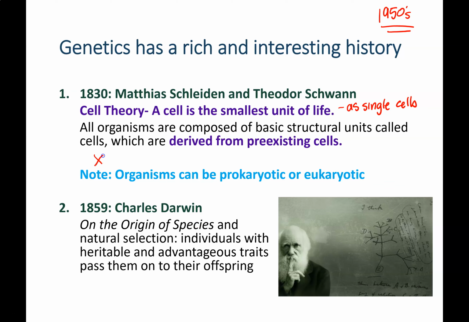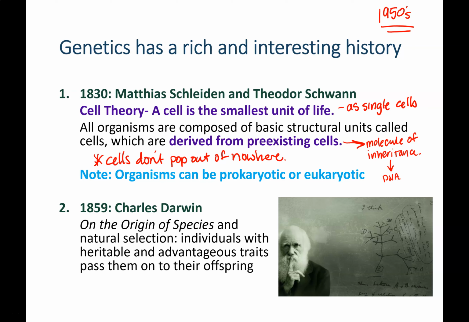So this means that cells don't pop out of nowhere. The other thing that comes from this is that now we need some sort of molecule of inheritance, and that is where we will eventually get to in the molecule of DNA.